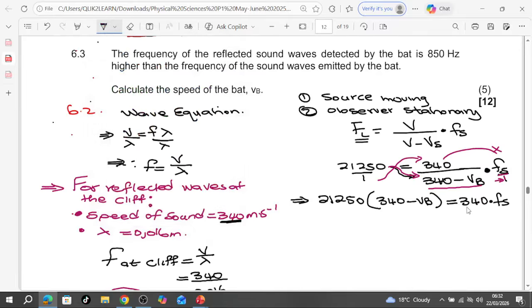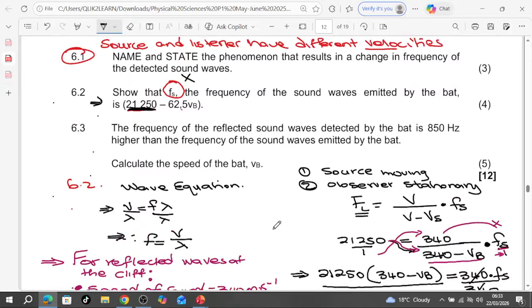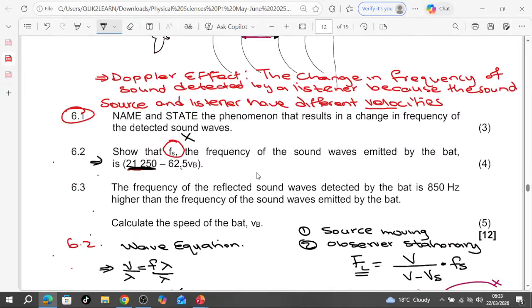Then now we can divide everything by 340. So when we divide everything by 340, what do we get? I can see that I'll have Fs, these two cancel, and then I can write my Fs to be equal to, so now the question said prove that Fs equals 21250 minus 62.5 VB.